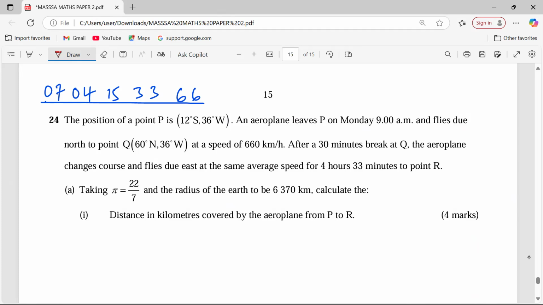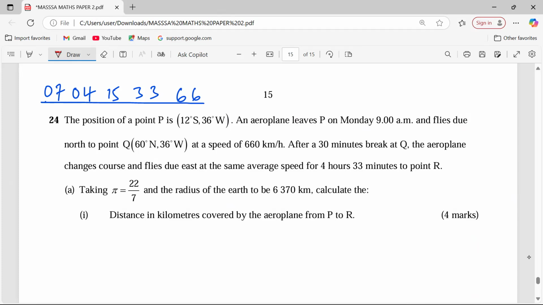That means this plane is flying along the same longitude of 36 degrees west at a speed of 660 kilometers per hour. After a 30 minutes break at Q, the plane changes course and flies due east at the same average speed for 4 hours, 33 minutes to a point R.